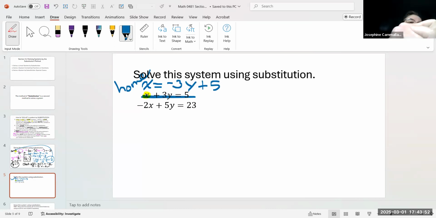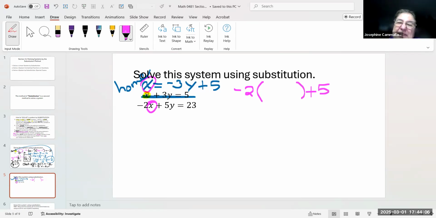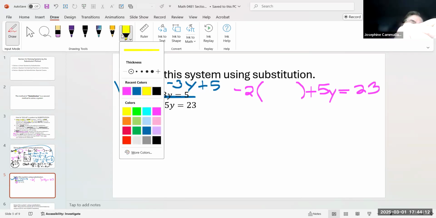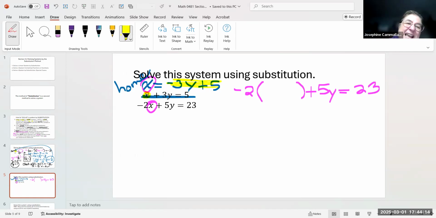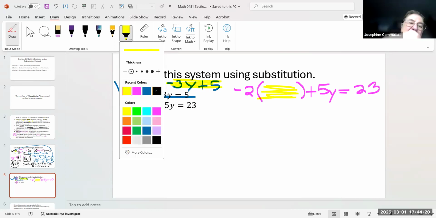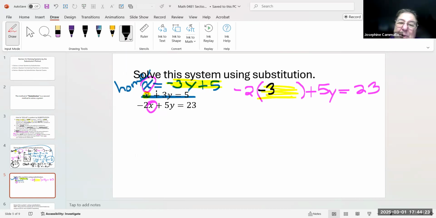Well, now notice I've solved for x. Well, this variable behind negative 2 is going to get a parentheses. Well, inside that parentheses, what is now here is going in here, which is negative 3y plus 5. And notice my hot pink equation only has y's.